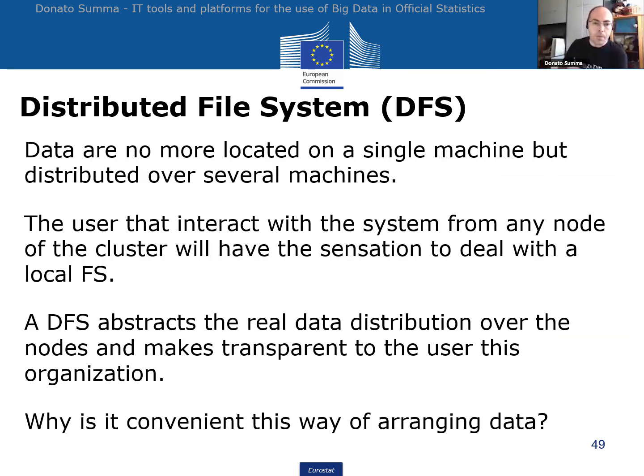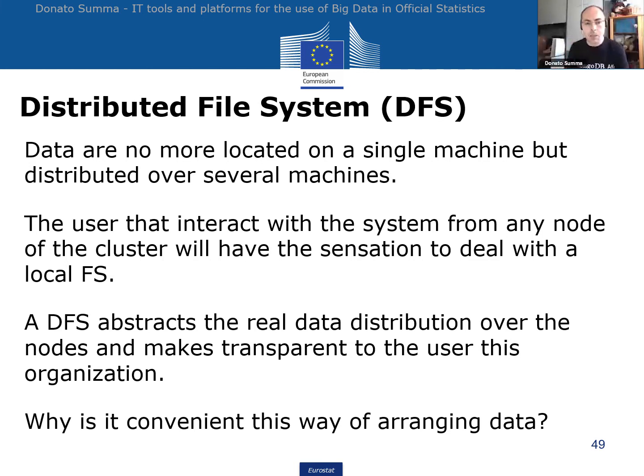Now, when we put our data into a distributed file system, it means that data are no more located on a single machine, but they are distributed over several machines. And the user that interacts with the distributed system, from any node of the cluster, will have the feeling, the sensation to deal with a traditional local system.